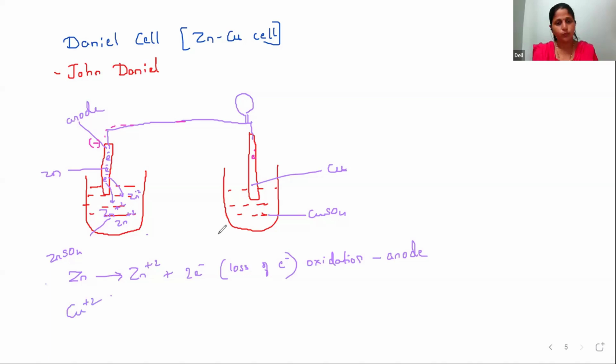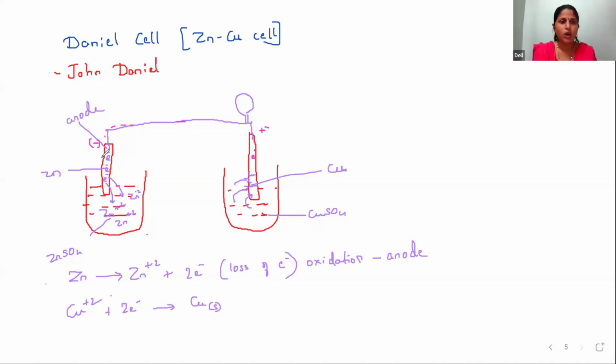So these Cu+2 ions, very important, from the solution will take up the electrons given by zinc and they will form Cu, the solid part, which goes on getting deposited. Cu goes on depositing on this particular electrode. So Cu+2 is going on taking the electrons. So what charge will this electrode get?